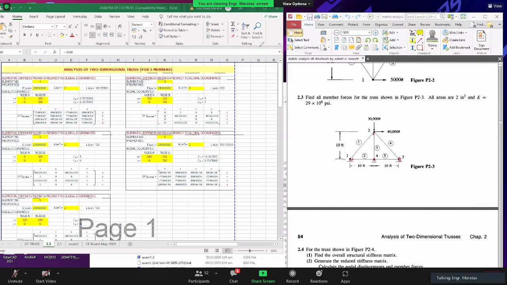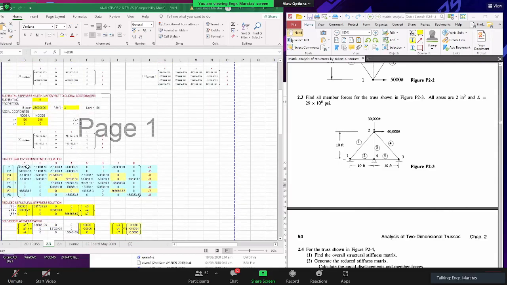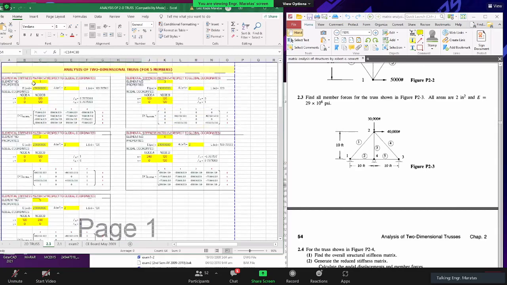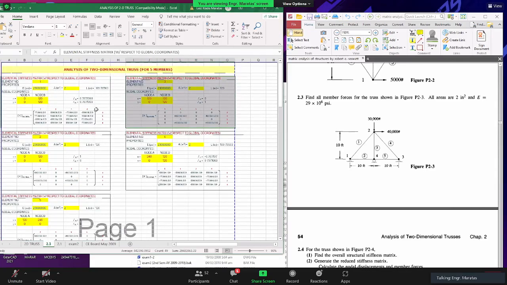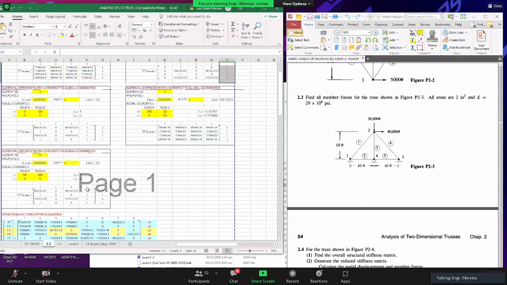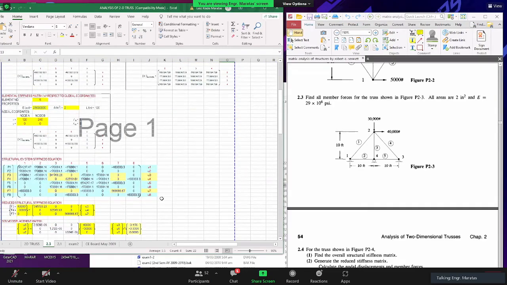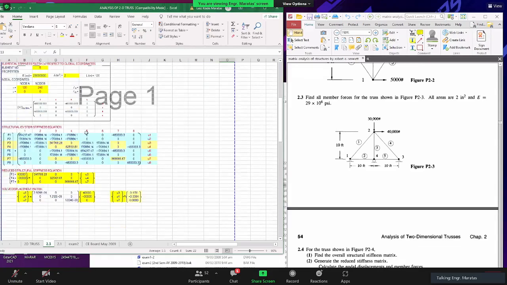So let's look at this now. It is 8 by 8, no? Okay? So you have 5 elemental stiffness matrices for the 5 members. Now please take note of these markers here. Okay? That is very useful when you do the combination of the stiffnesses, no, to form the structure stiffness matrix.